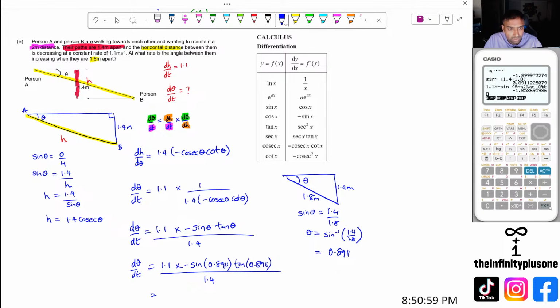And then that's all equal to this divided by 1.4. Why am I getting negative? I should be getting a positive there.